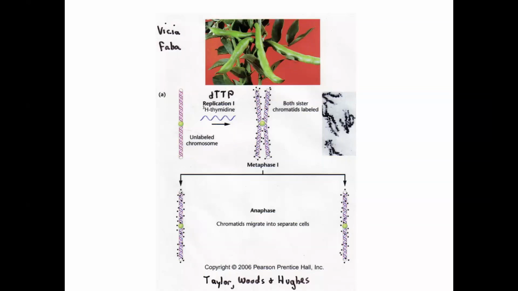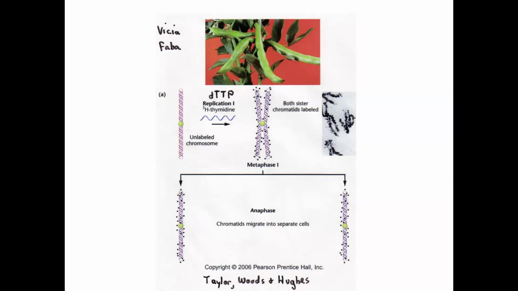They used the same experimental design, but instead they allowed for two rounds of replication of DNA. The first round of replication was in the presence of the radioactive thymidine, and the second round of replication was in the presence of non-radioactive thymidine.